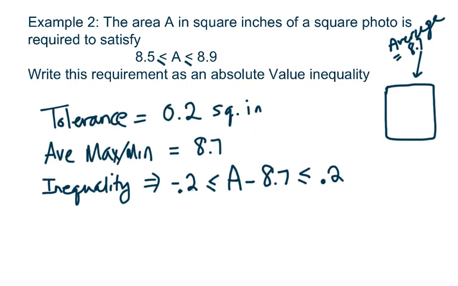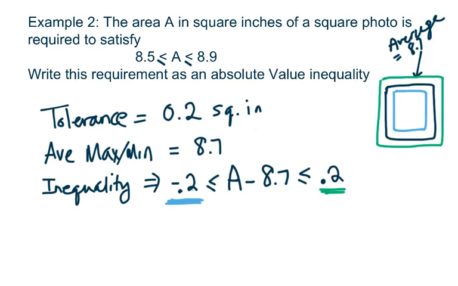What I want you to imagine is that the photo can be smaller than the average by 0.2 square inches, or it can be larger than the average. I'm drawing this green box because that's increasing the square inches of the square photo by 0.2.